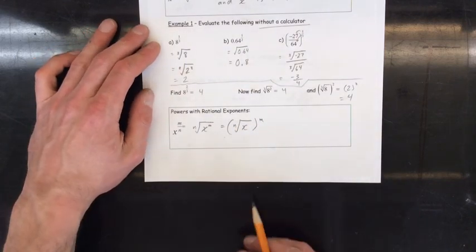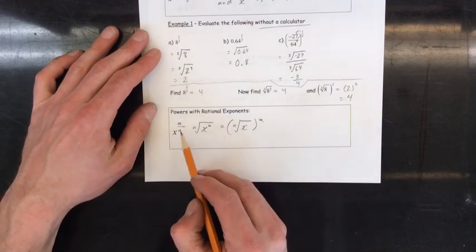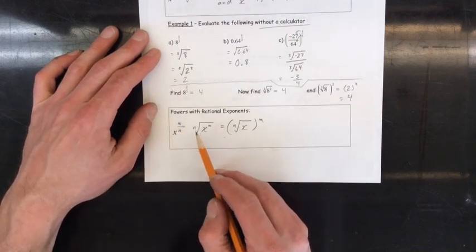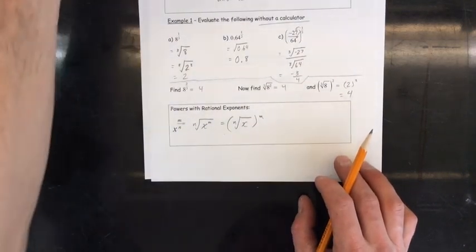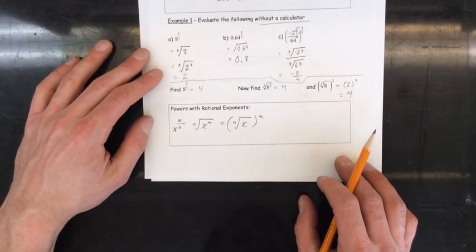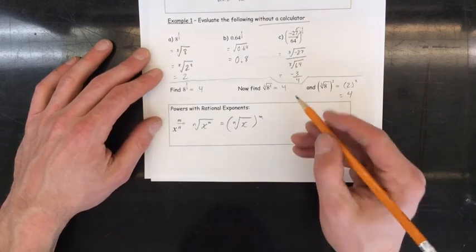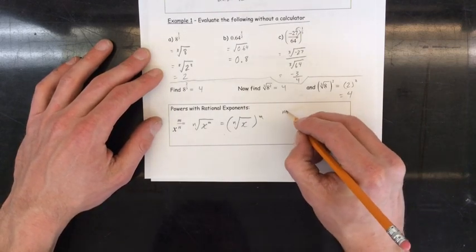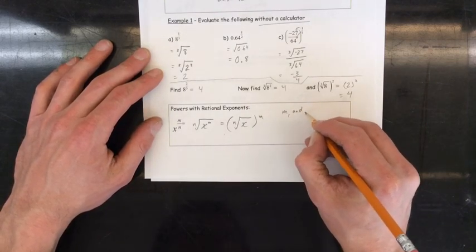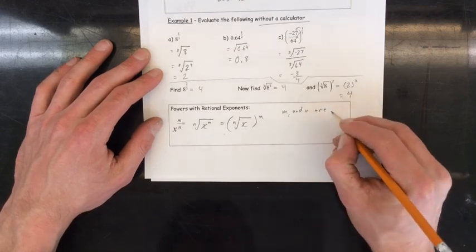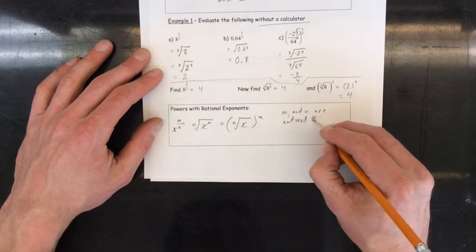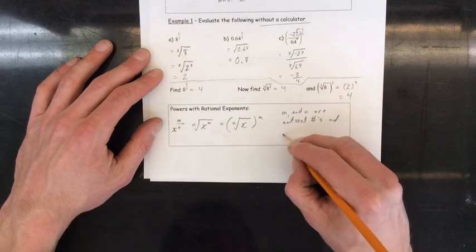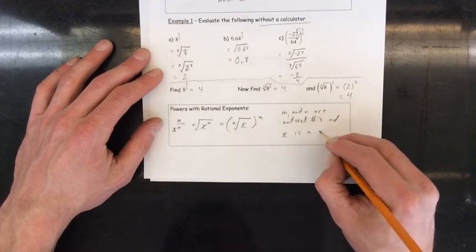Either way, it works out where the rational exponent turns into the nth root to the power of m. And again, m and n are natural numbers, and x is a rational number.